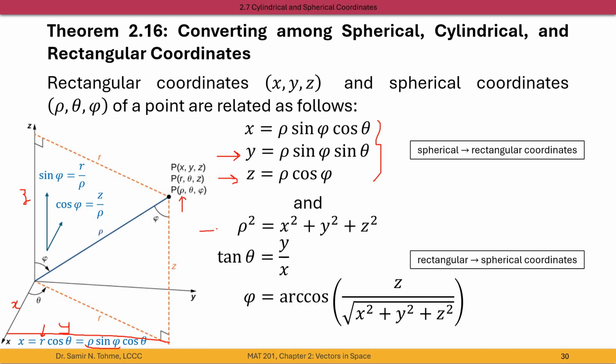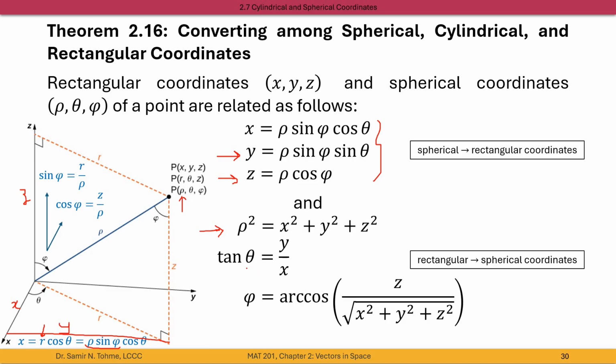For rho squared, we know from before that we used the Pythagoras theorem, r squared equal to x squared plus y squared. Now we can extend this idea. The Pythagoras theorem can be used in the three-dimensional case, and all you have to do is add z squared. So yes, this is the Pythagoras theorem in three dimensions. So rho squared is equal to x squared plus y squared plus z squared.